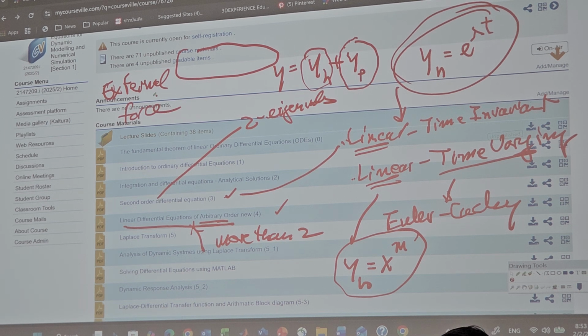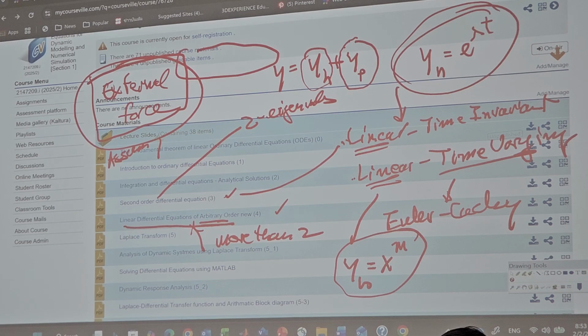That is more difficult anyway. External force means that you assume y particular.